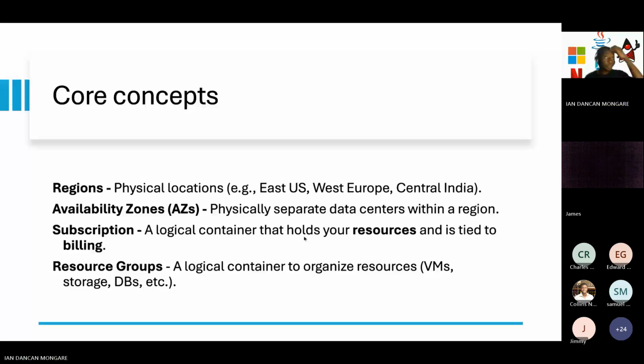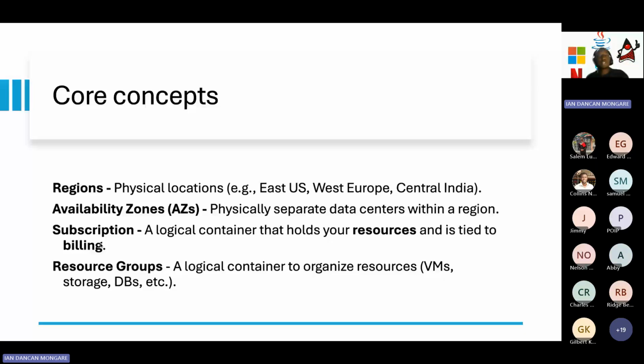And then subscription billing. This is very important. It's a logical container that holds your resources and it's tied to your billing. So when you hear people complain about, I don't know, the way Spotify deducts money, you get the concept. So a subscription is very important. The other one is resource groups. When you are working on a project, say for this hackathon, you'd need various things. You'd need a database for your application, you'd configure a load balancer or a CDN.